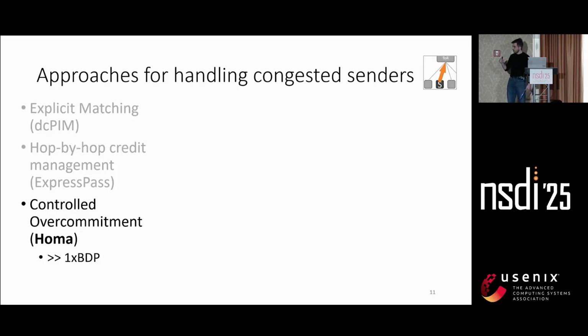But we will focus on the approach called controlled overcommitment, which was introduced by HOMA, and it's a simple one. It's the idea that each receiver should get a lot more than 1 BDP of credit to distribute to senders. This way, even if senders accumulate credit, the receiver has a bunch more to give out and get throughput.